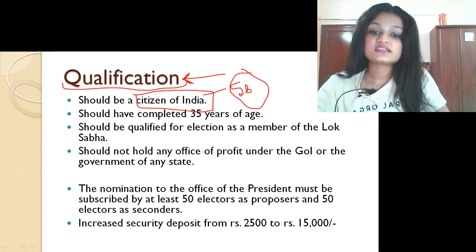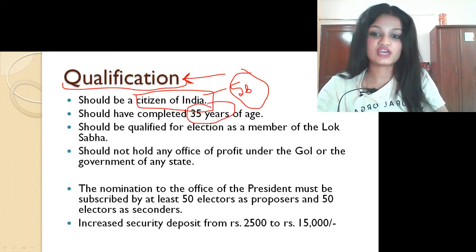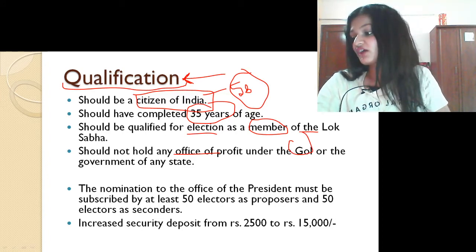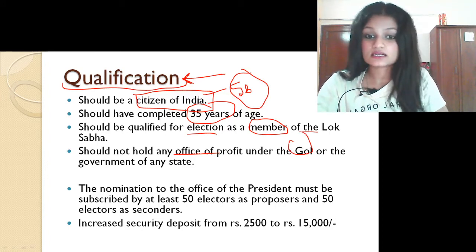He should have completed 35 years of age. He should be qualified for election as a member of the Lok Sabha, and he should not hold any office of profit under the government of India or the government of any state.